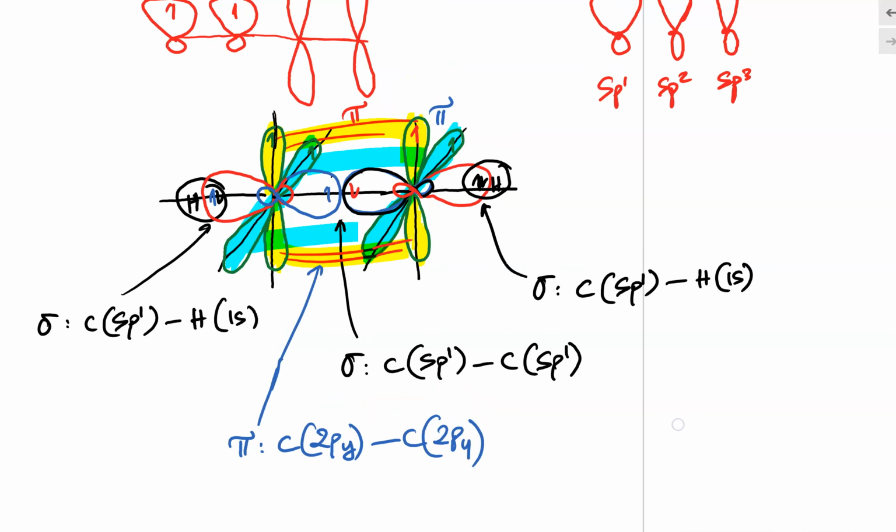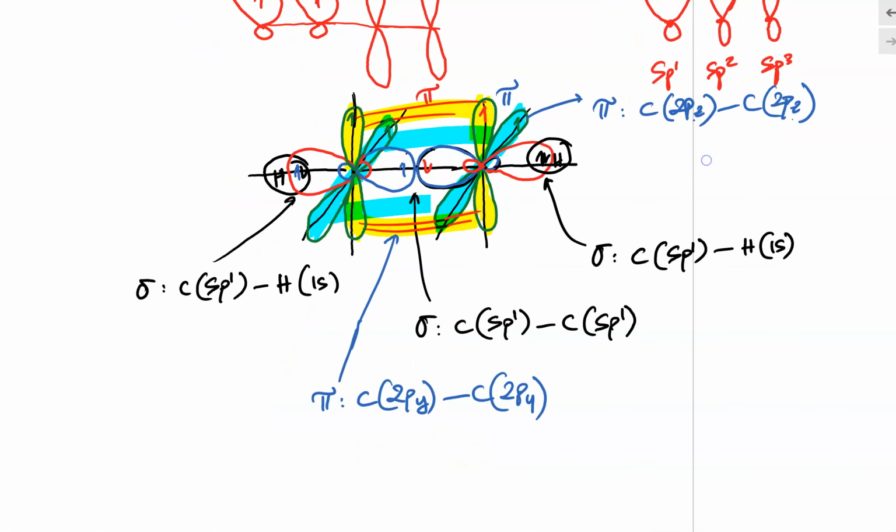Okay, and now the other one in blue, so this is another pi bond, and this involves one carbon using its 2p z orbital to the other carbon also using its 2p z orbital as well. So again, make sure we stay consistent. It is z to z and y to y. So that is what the structure of acetylene would be using this valence bond theory.